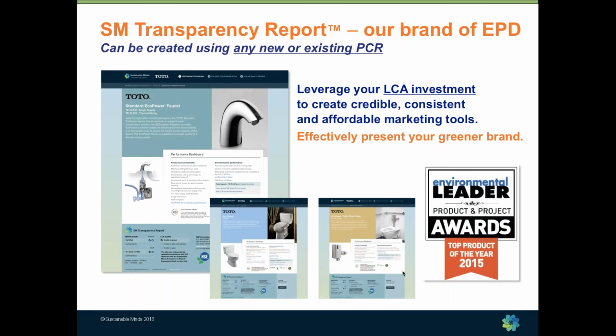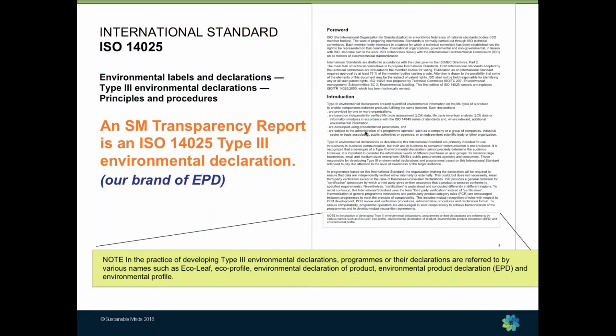So our response to that research back in 2012, 2013 was to create our brand of EPD. We called it a transparency report because ISO 14025, and there it is, the front page, pulls out a special note that says program operators can call their declarations anything they want. They don't have to be called EPDs. In fact, they're not even called EPDs in 14025. So we made the decision to call ours a transparency report, our brand of EPD, because we wanted to indicate to the market there was something different about it.